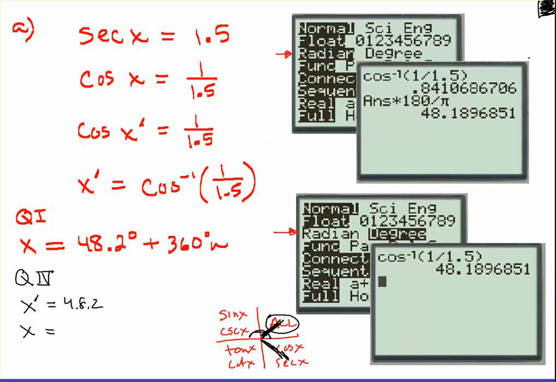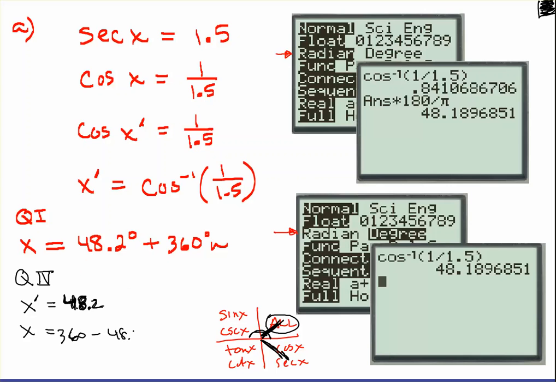Let's see, quadrant 4, isn't it 360 subtract what we want out of it? Why do I have a 4.8? It should be 48 here, so 48.2. All right, so the real angle would be 360 subtract 48.2.